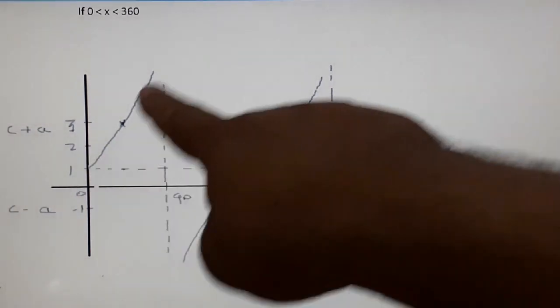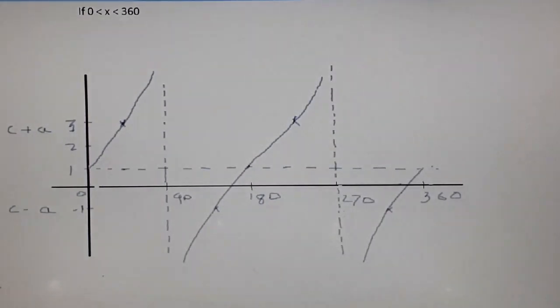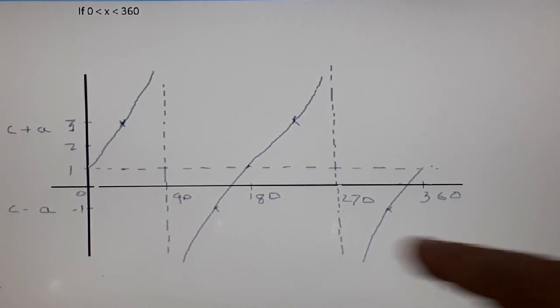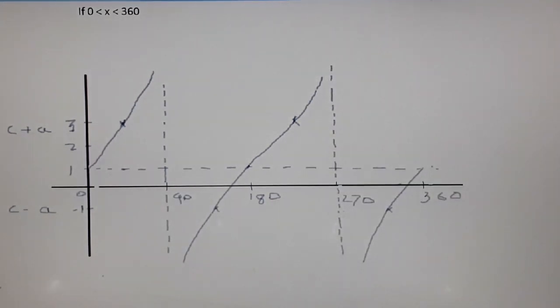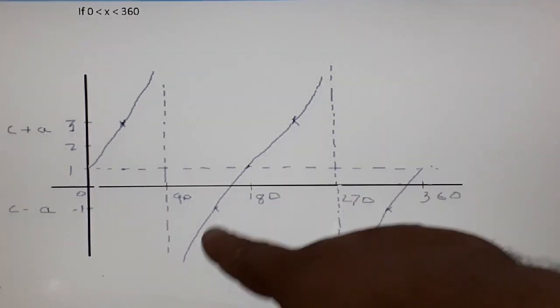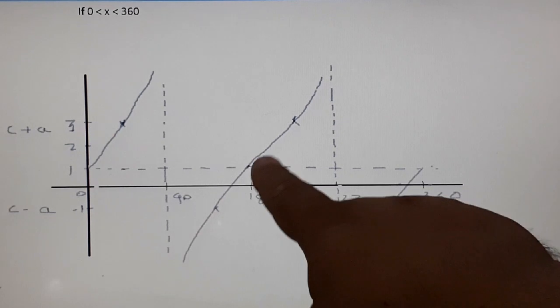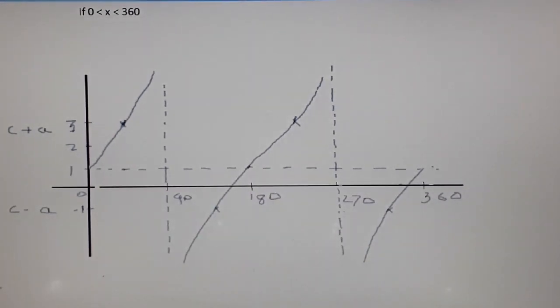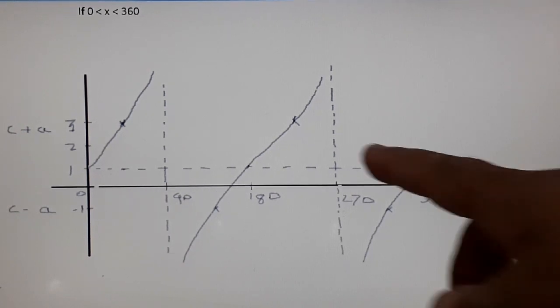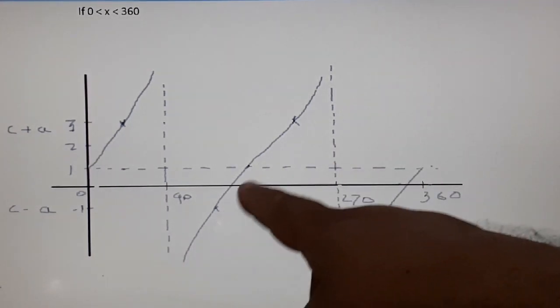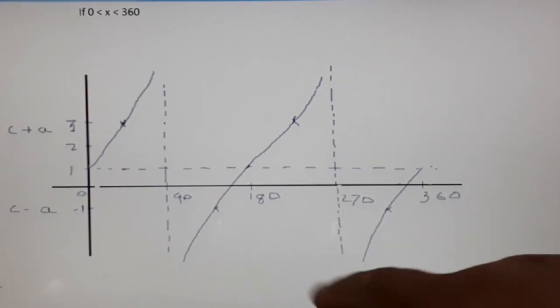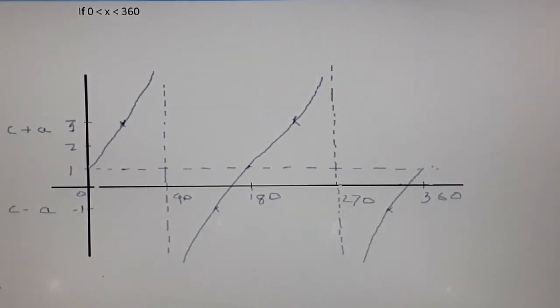In this way, we will have the first part: as in the first quadrant tan is positive, it should be above the axis of the curve. In the second part, because in the second quadrant tan is negative, it should be below the axis, and it should pass through c minus a.